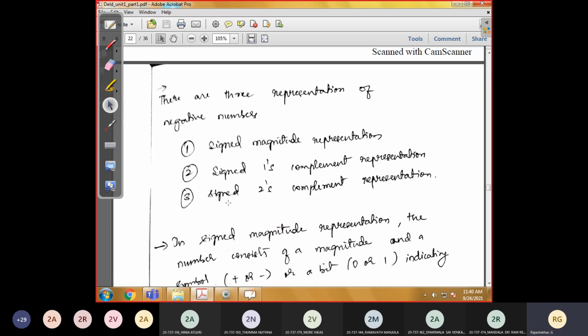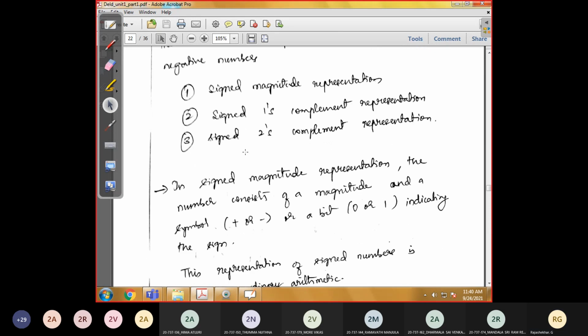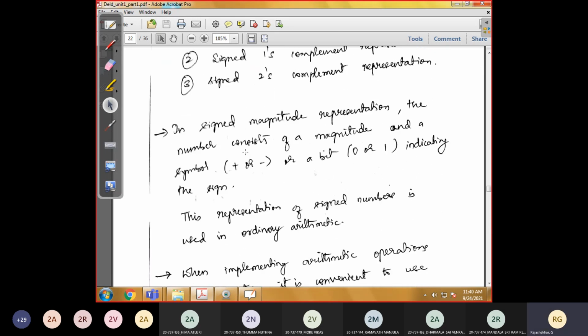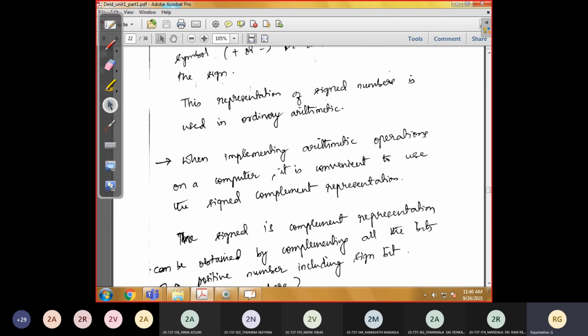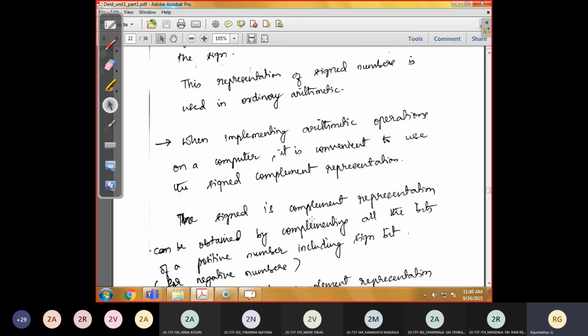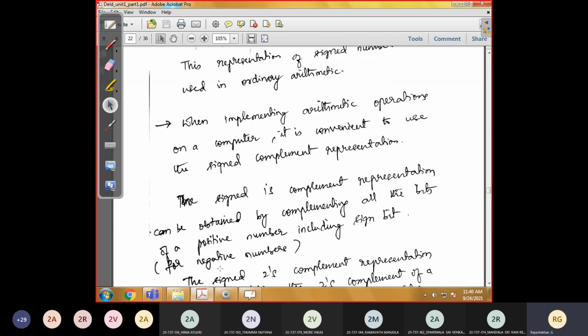So let us understand how you represent negative numbers using these 3 representations. Let us understand the procedure that will make the concept clear. The signed ones complement representation can be obtained by complementing all the bits of a positive number, including the sign bit.